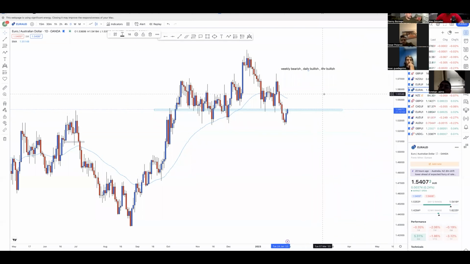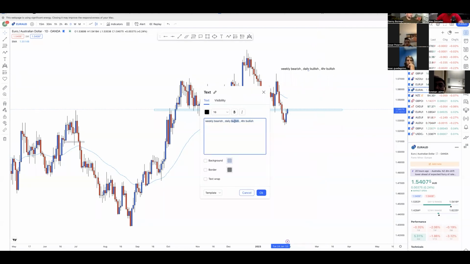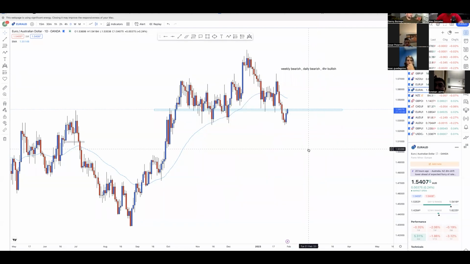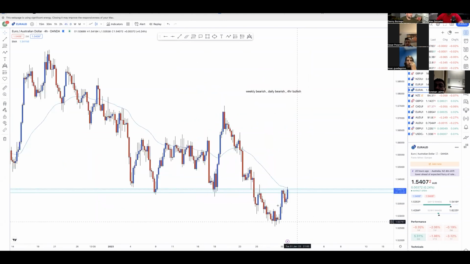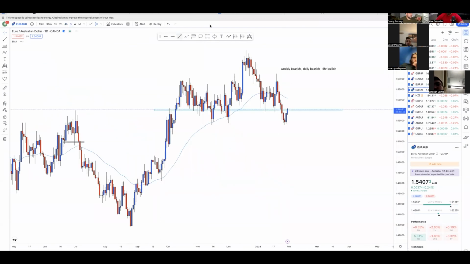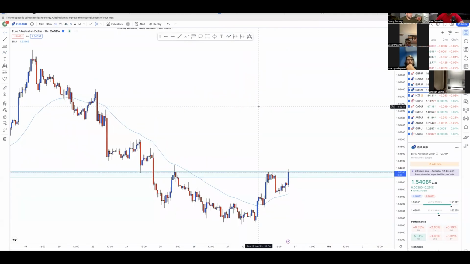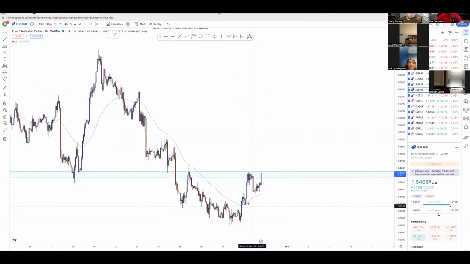Perfect. So the daily time frame is bearish. Here the 4-hour is technically bullish, because we had to come back to retest the area of interest. So all I'm waiting for on this is a break of structure.